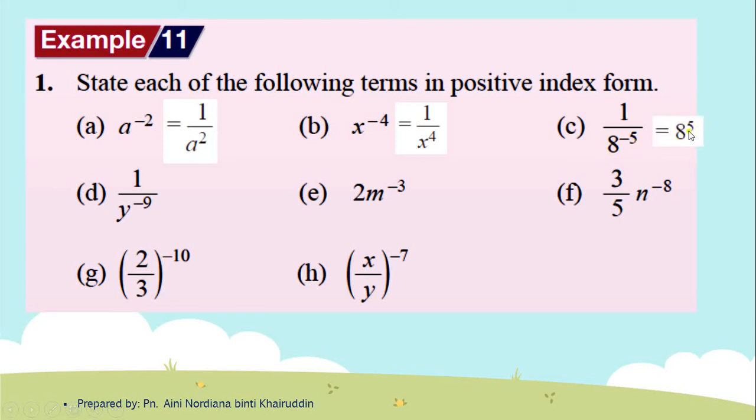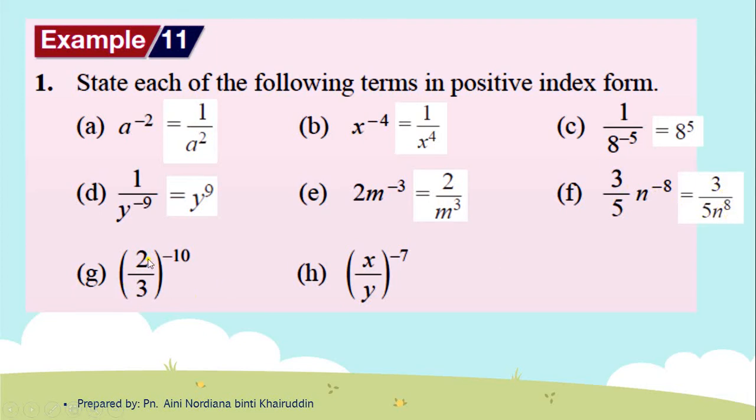For D, y to the power of negative 9. E, 2 remains unchanged, so we just change m to the power of negative 3 into positive index form. So 2 over m cubed. For F, 3 over 5 remains unchanged, so n to the power of negative 8 becomes 3 over 5n to the power of 8.